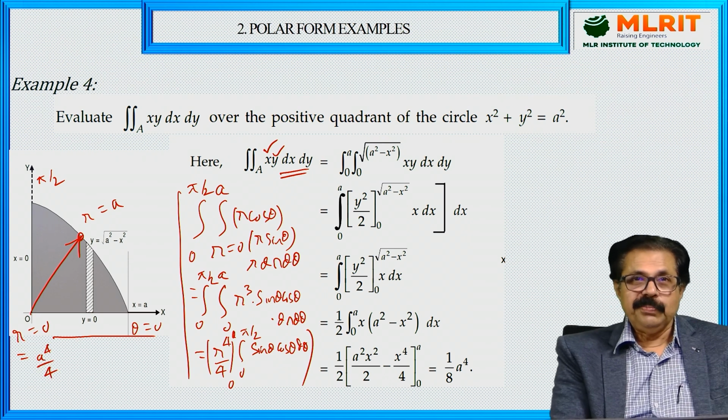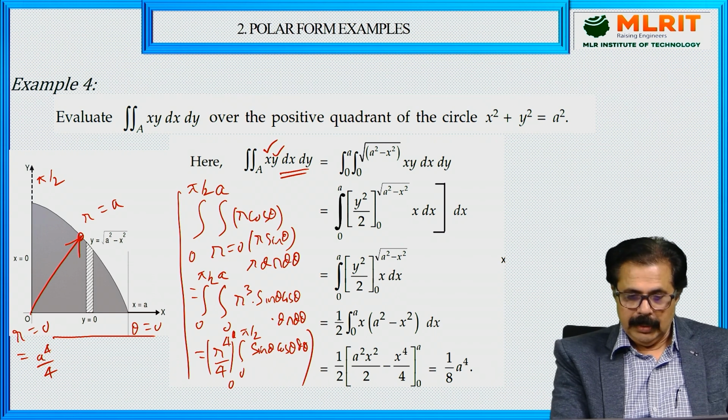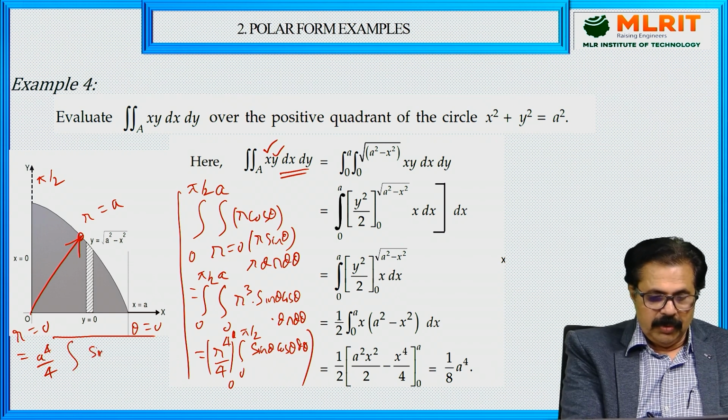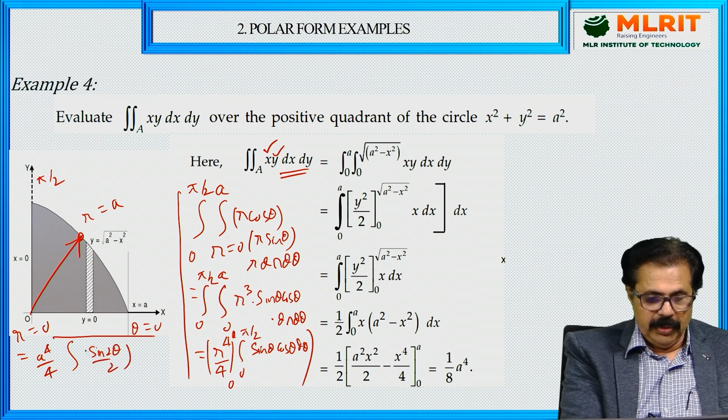And now convert sin theta cos theta into multiples of angles, sin 2 theta divided by 2 into d theta, 0 to pi by 2.